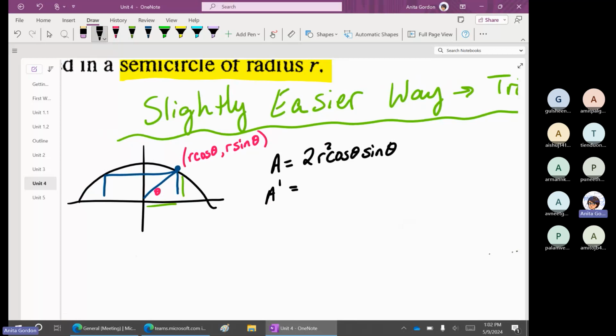Ooh, actually, do you have your formula sheets with you? Somewhere. Someone has, in your formula sheets, I have some double angle trig identities. Can you find it? Can you see if this is a trig identity?